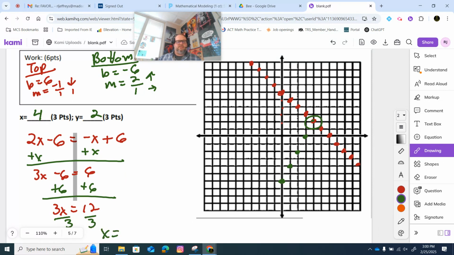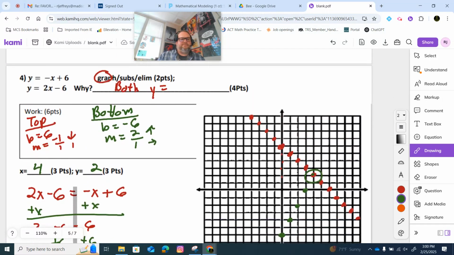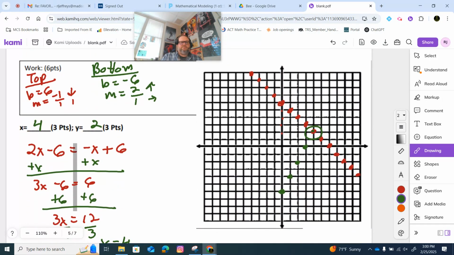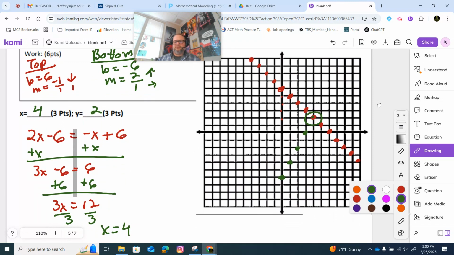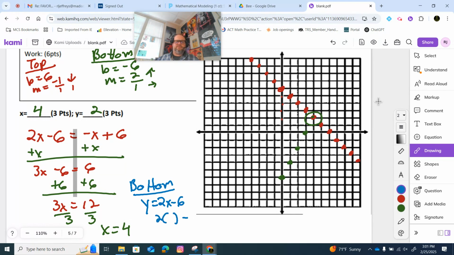That gives me x equals 4 for my substitution people. And I'm going to actually use the bottom one because I'm going to avoid the negatives. As y'all would say, avoid the haters, avoid the ops, right?